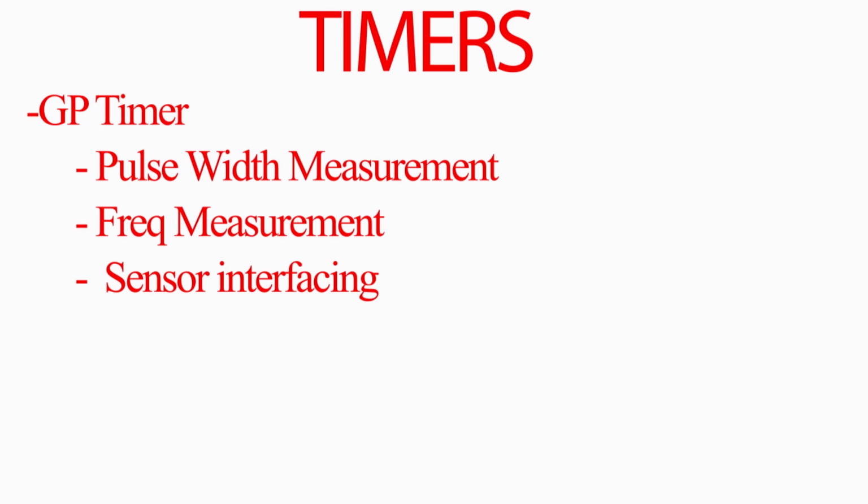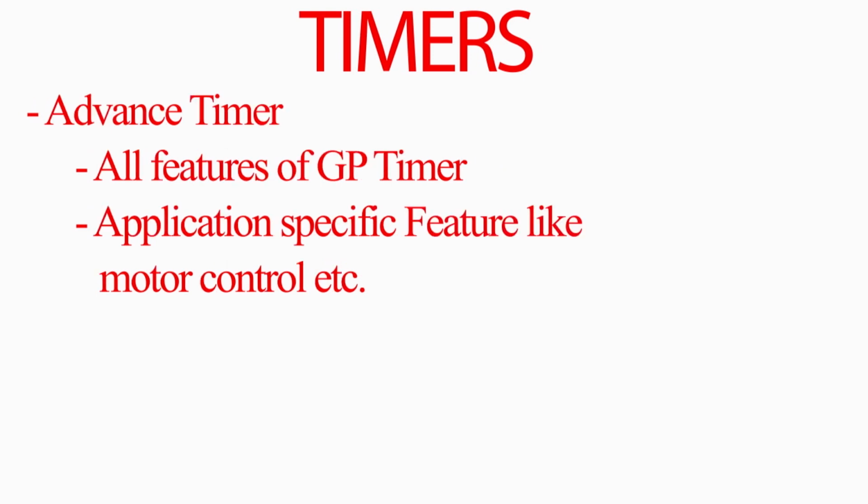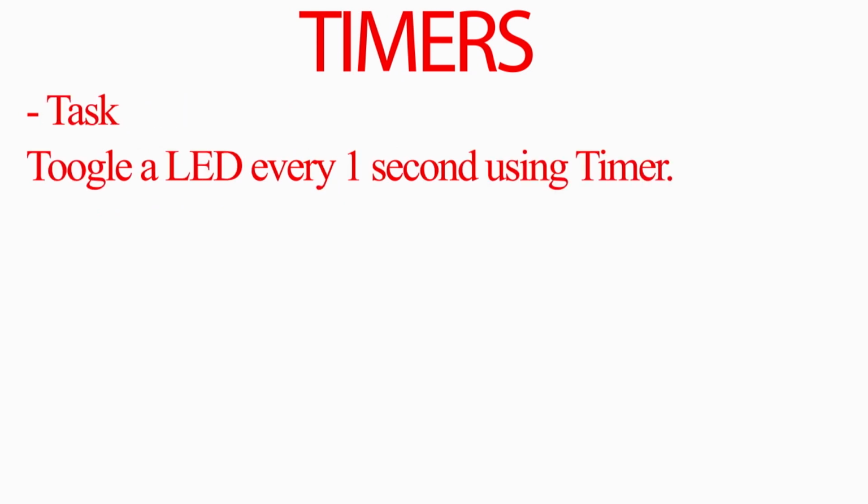Like with this timer, we can measure input signal pulse width, frequency, or we can interface an encoder or pulse sensor. Advanced timers have all features of general purpose timers along with some extra features for different applications like motor control. So let's start with one simple task. The task is to toggle an LED every 1 second using a timer.